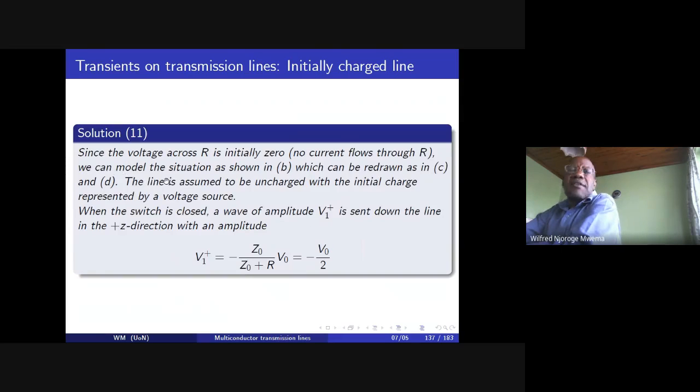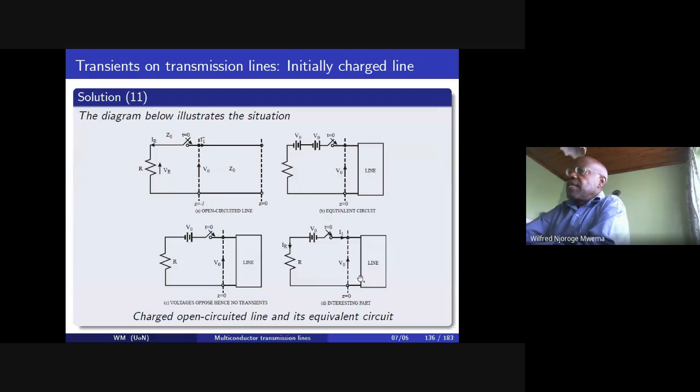Since the voltage across R is initially zero, no current will flow through the resistor, and we can model the situation as shown in B, which can be redrawn as in C and D, where we are now using superposition.